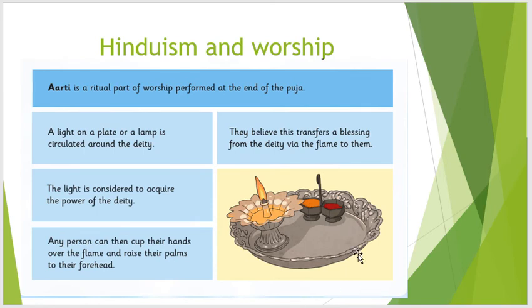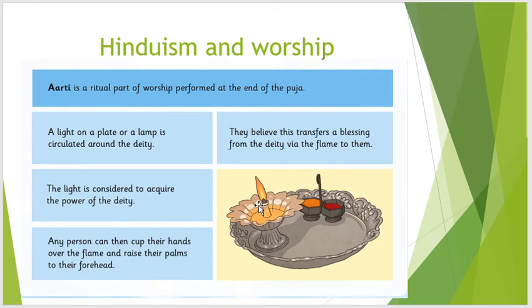Okay, so you can see there's a tray here with a little light on or a lamp. Now this is lit and it is circled around the deity. Somebody would hold this and move it in a circle around the deity. As it moves around the deity, it's thought that the light acquires or gains the power of the deity.